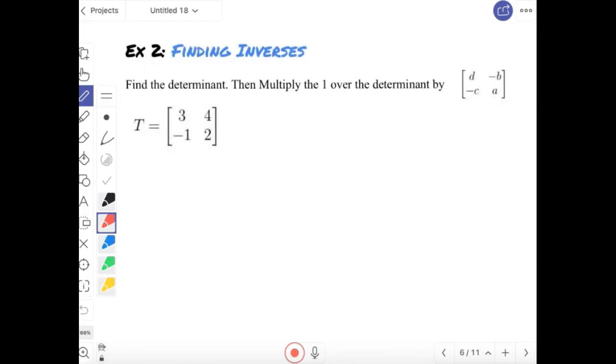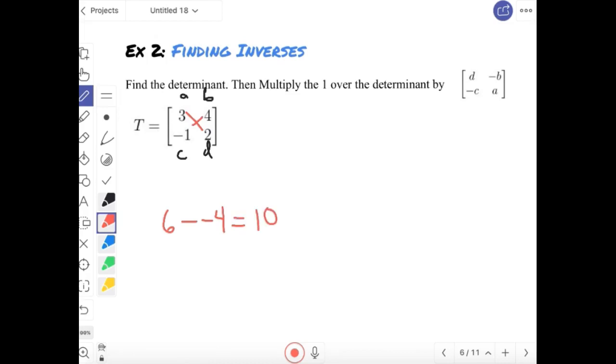So let's take a look at what the inverse of T would be if it exists. It is possible that it might not exist. So the first thing I'm going to do is the determinant, but remember, so this is A, B, C, and D. So the determinant is just multiplying across, so that's 3 times 2 is 6, minus negative 1 times 4 is negative 4, so that equals 10.